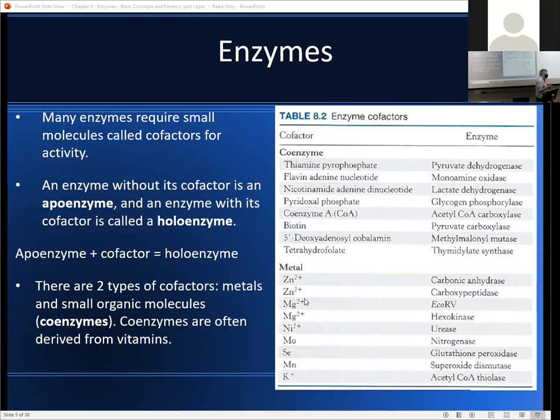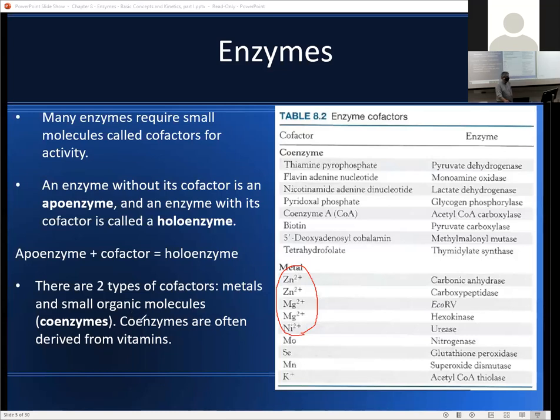Metals, particularly in this course when we look at active sites, divalent cations, are often cofactors in the active sites of enzymes. We're going to see an awful lot of zincs and magnesiums.